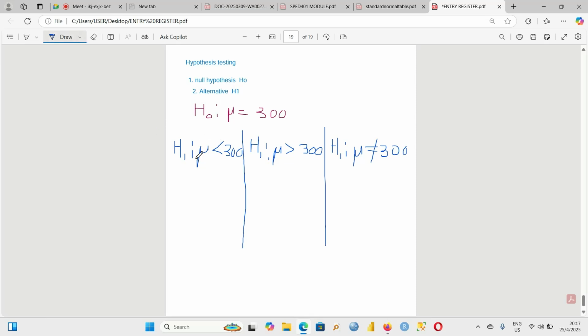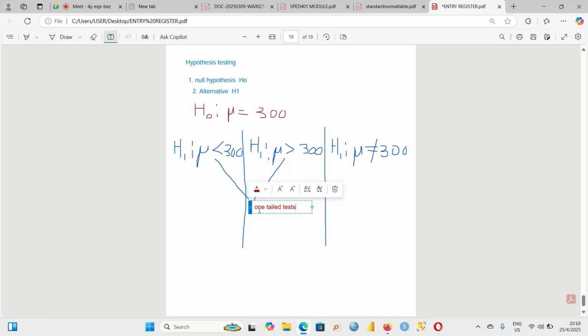This gives us the types of test. So we have different types of test. For the first two, with less than and greater than, write down that these tests are called one-tailed tests.